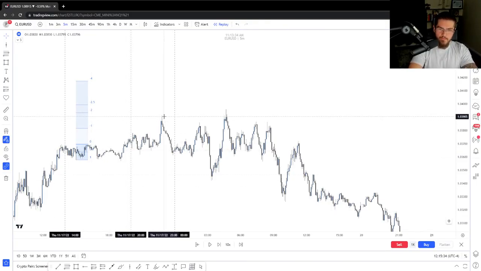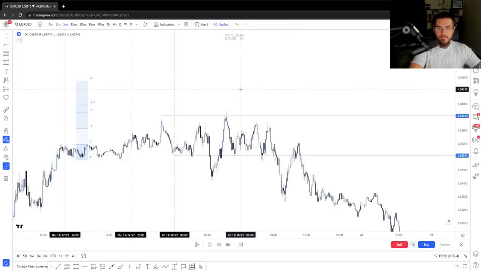So what we're going to want to do is map out the Asian range liquidity, right? This is where bias comes into play and is very important. There's oftentimes going to be two setups. So here's the low, we'll just mark the low right here. Mark the high.